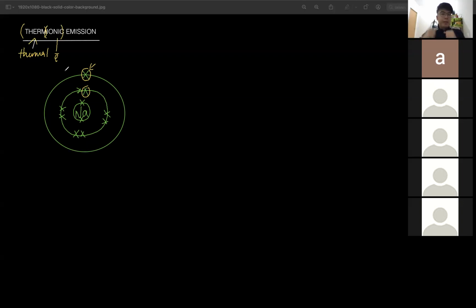They can break free. That's why we call them free electrons. So metals have a lot of free electrons. Free electrons are not moving initially. When you apply a potential, when you connect to an electric circuit, then they will move. Okay, so that's metal.